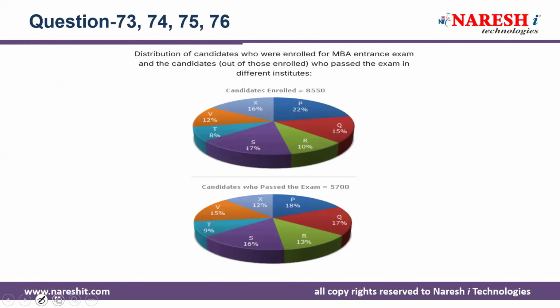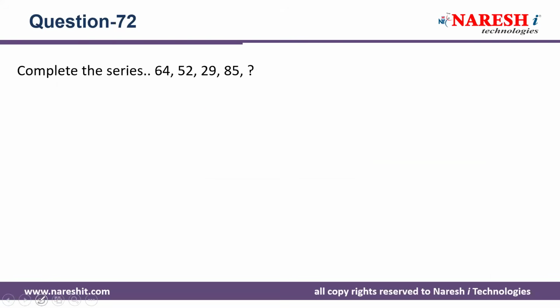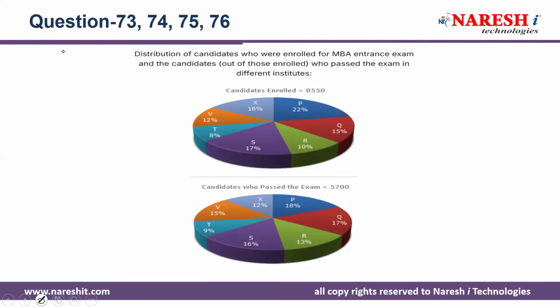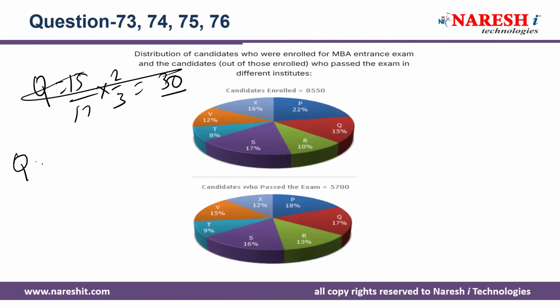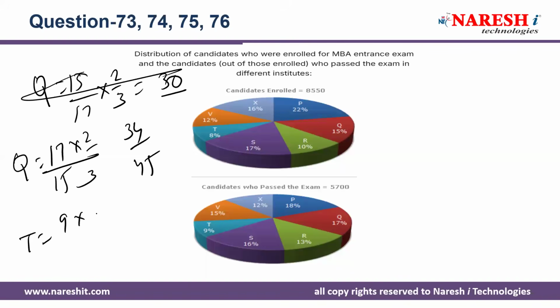Sorry. Q is 17 by 15 into 2 by 3, 34 by 45. T is 9 into 2 by 8 into 3, which is 18 by 24.